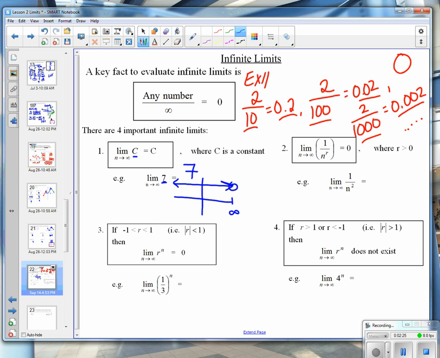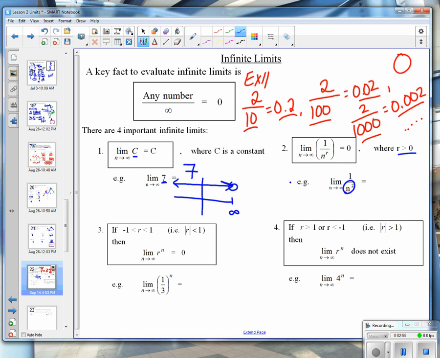The next one is when I've got the limit as n is approaching infinity of 1 over n to the power of r, which is equal to 0, where r is greater than 0. So r is going to be 1, 2, 3, whatever. So if we look at this example, we've got n approaching infinity, 1 divided by n to the power of 2. Well, guys, you can imagine that this number is just going to get bigger and bigger.